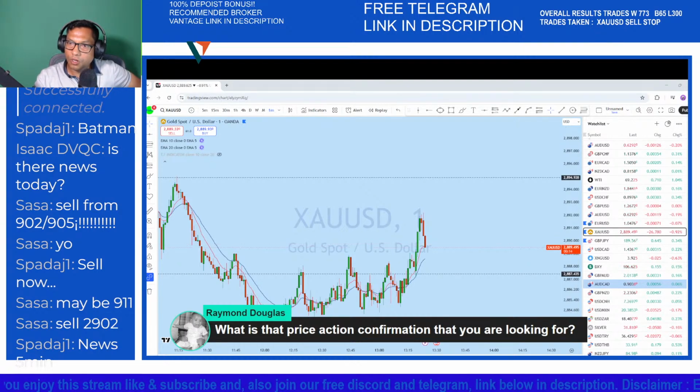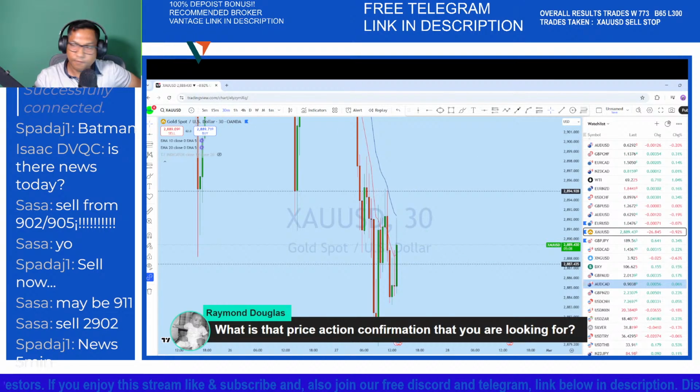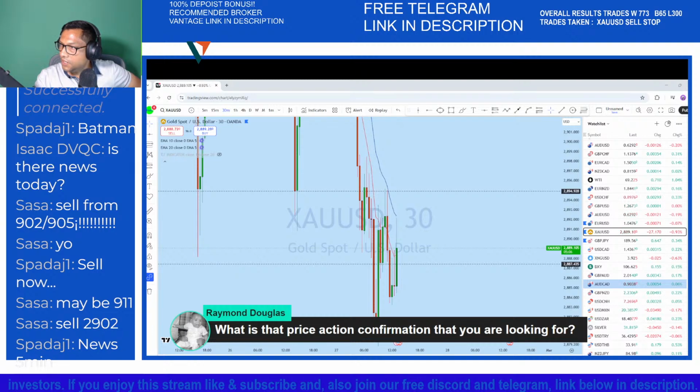So we need to look at today's price action. We see that there is a little bit of an unusual move here, which sometimes we could see after such a big move.